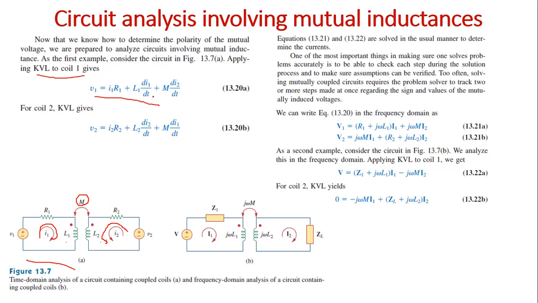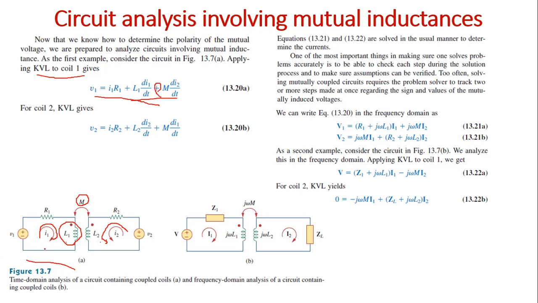L1 di1 by dt. Because of this coil there is a self-inductance voltage and a mutual inductance voltage, which is what is written here. The voltage across L1, due to self-inductance, is L1 di1 by dt, plus M into di2 by dt. How do we get the plus here?